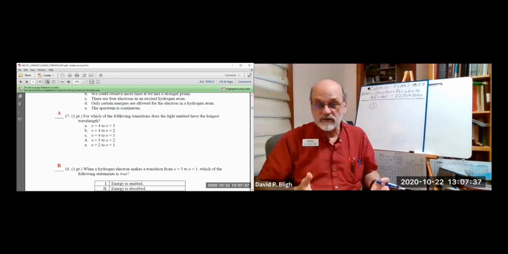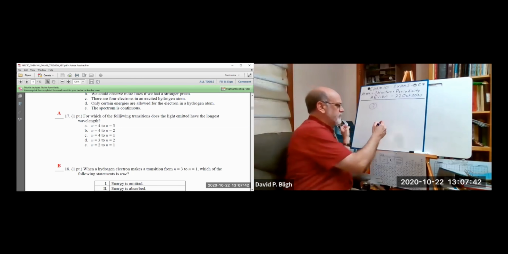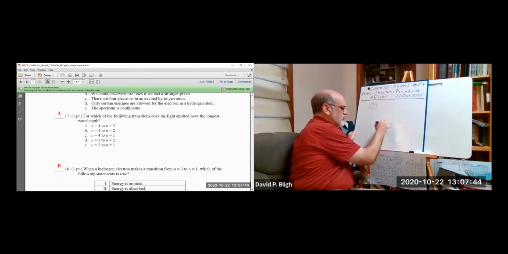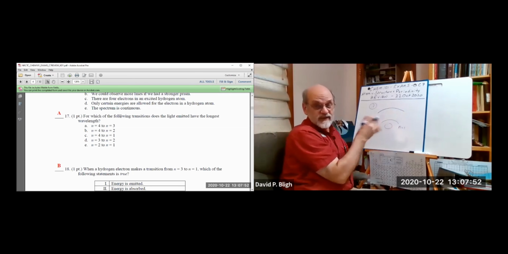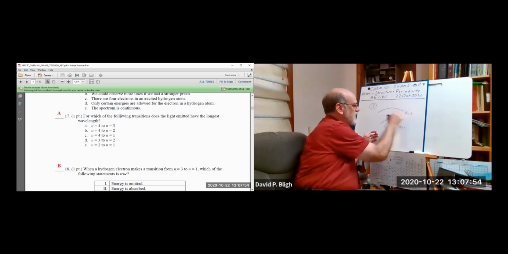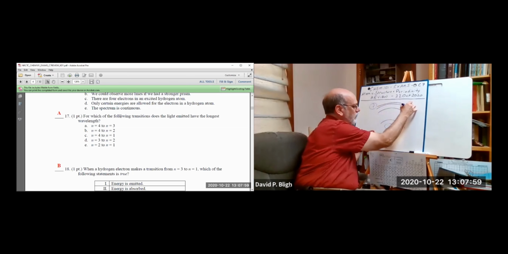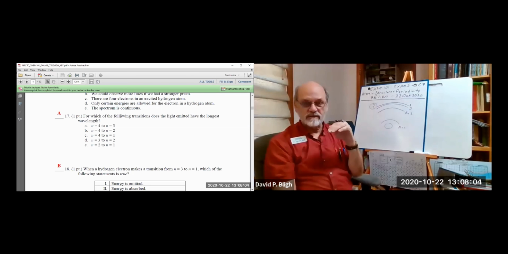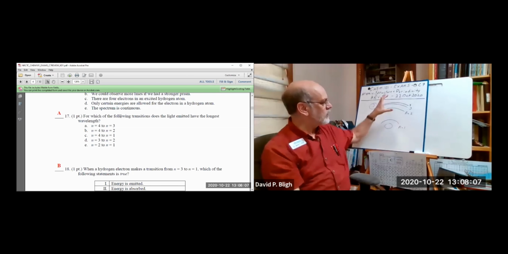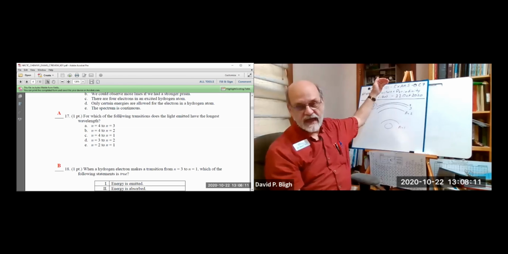So what would be the narrowest transition? If you look at the atom, that's the first level. The second level is way out here in terms of energy, and then they get closer together. So if you want really close transitions, small energy transitions, you want to get between the closest numbers together, but farthest from the atom.